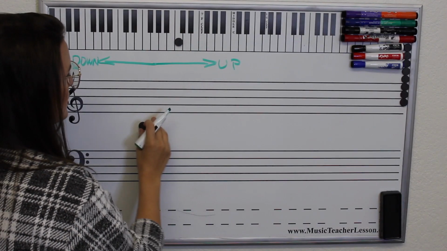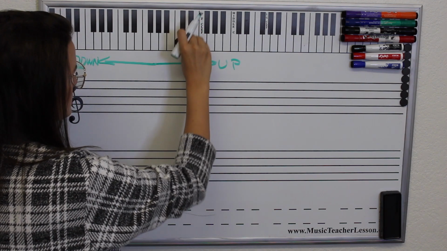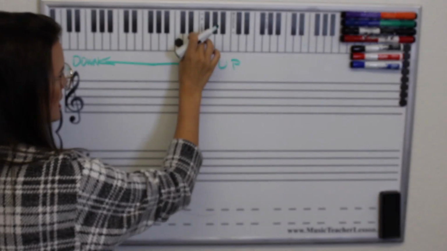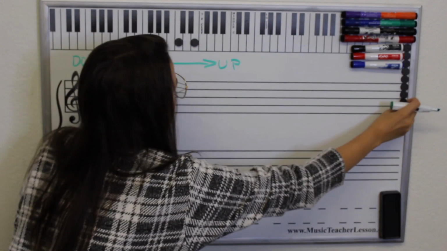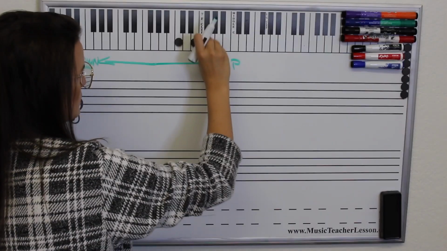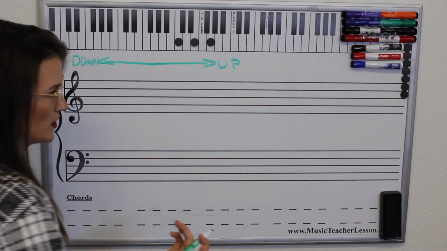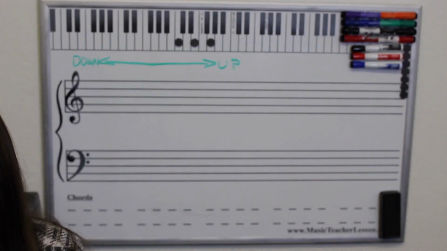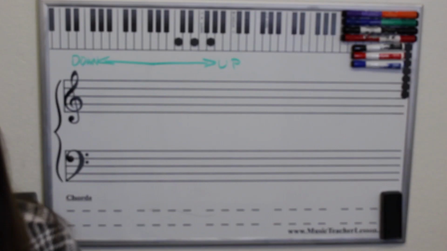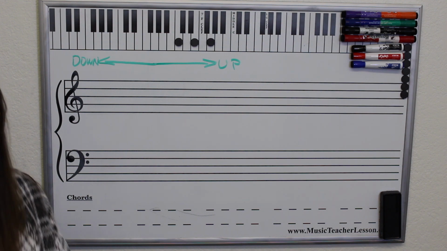If we go up 4 half steps, 1, 2, 3, 4, we get a major third interval, and then we go up 3 half steps, 1, 2, 3, to get to G, and that is our 3-note triad. Sounds like that. C, E, G.